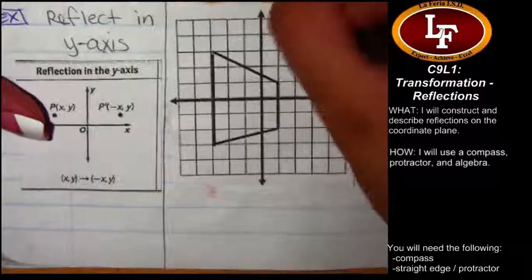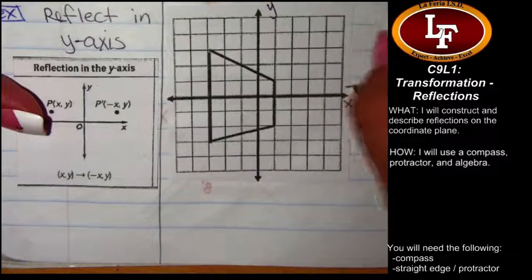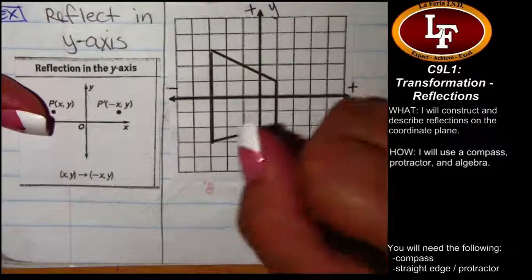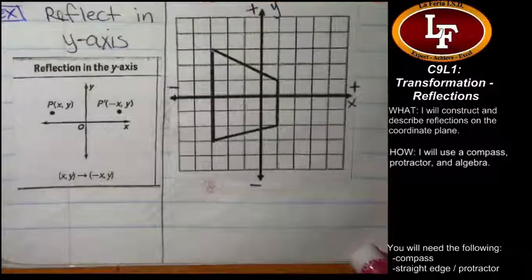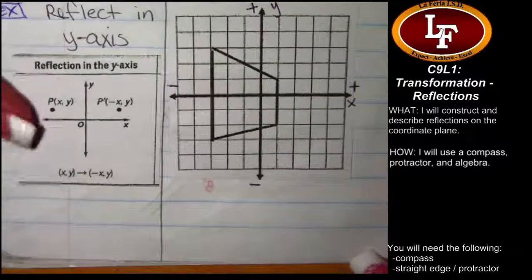I'm going to label my axes really quickly. Positive, negative, and negative, just so that I know which direction things are going.